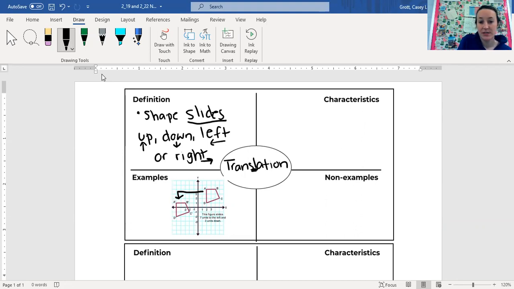Some characteristics, we call this a rigid transformation. What that means is there's no change in the size or the shape.